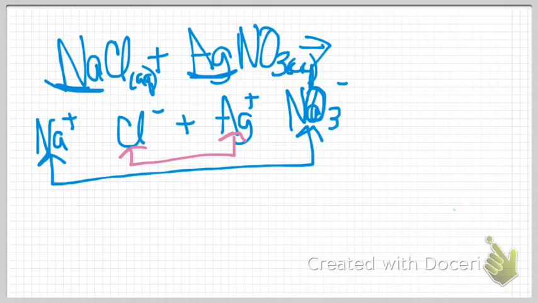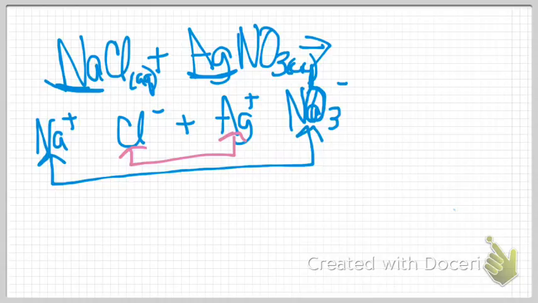Now let me show you and see if I can hopefully keep you from making a couple of mistakes that students make. First of all, please make sure that you leave the cations in front. And secondly, please make sure that you write correct formulas.